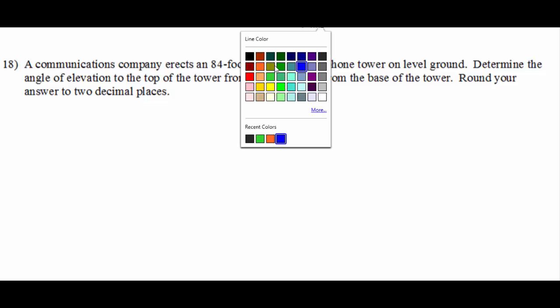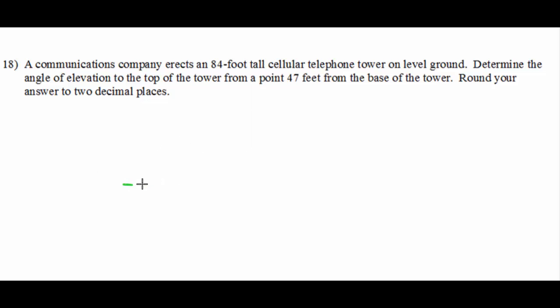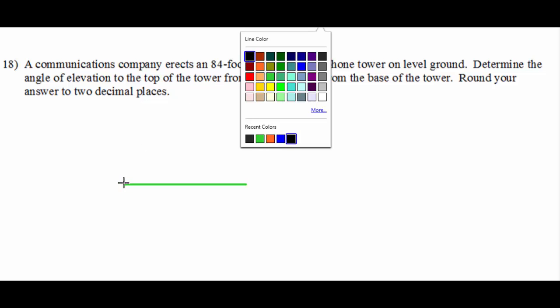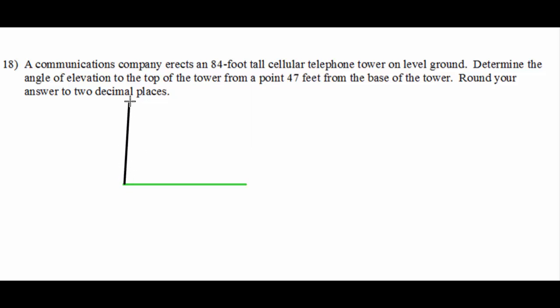So we have the ground, but this time we've got a cell tower that is 84 feet tall. And so we're talking about being 47 feet away from that. So I guess my ground should be comparatively smaller. 47 versus 84, right?